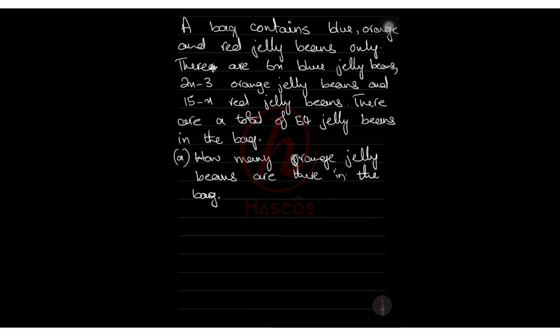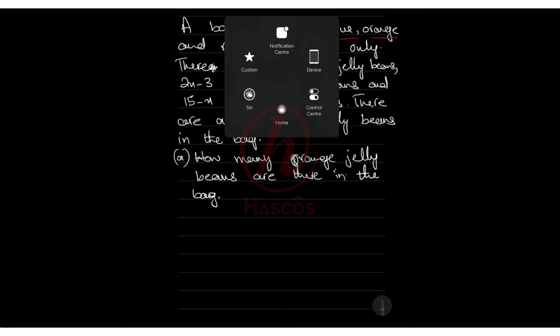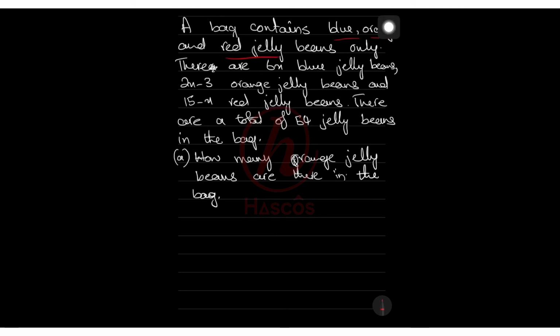A bag contains blue, orange and red jelly beans only. There are 6x blue jelly beans, 2x minus 3 orange jelly beans and 15 minus x red jelly beans, and total of them are 54. Now we know that the total jelly beans comprise of the red ones, the blue ones and the orange ones. Now let's try to substitute this with values or variables.